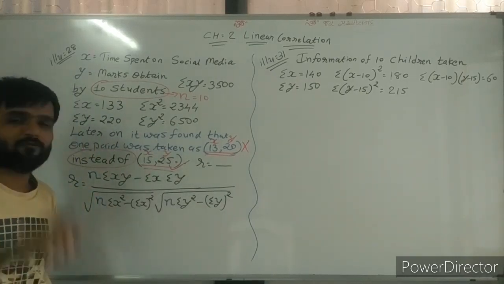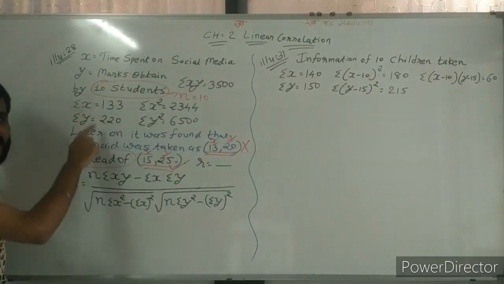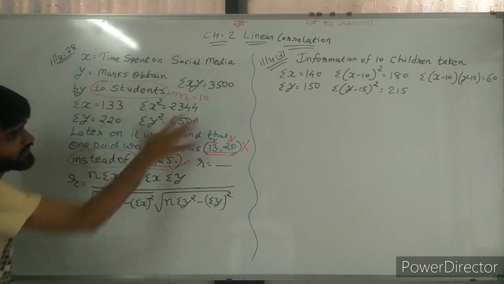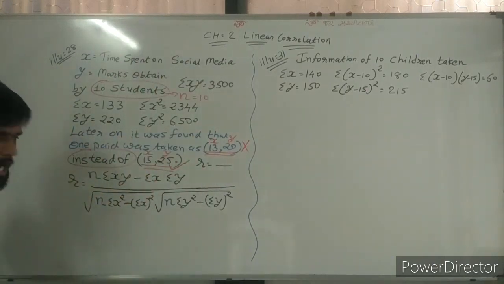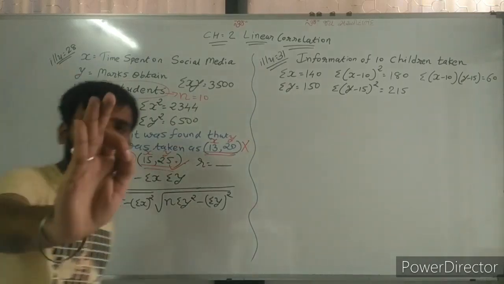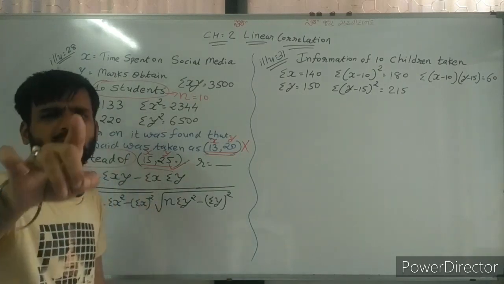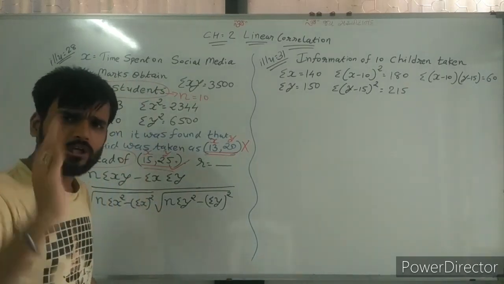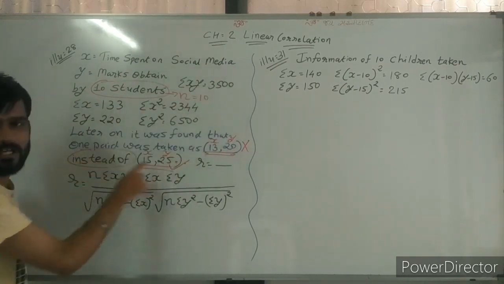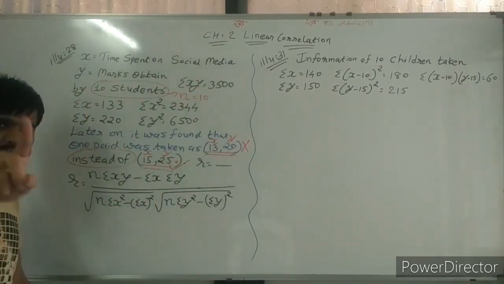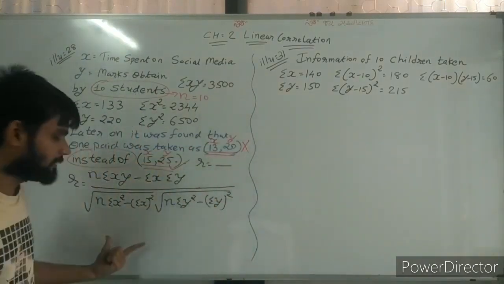First of all, we need to find the correct sigma xy, correct sigma x, correct sigma y. All the things we need to find correct, then we use them here. How we can use that, all of you know very well, so I don't need to explain that. I am explaining only how we can find the correct values, because we will use those values here.